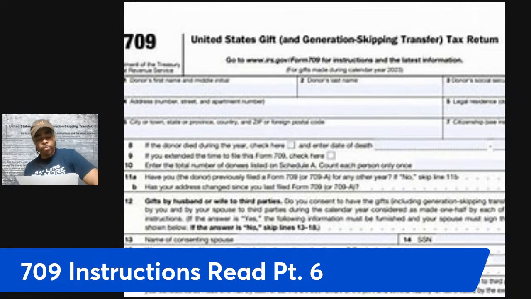So I'm going to round up. Record keeping is 52 minutes that they are saying is an estimated average time. I'm going to round that up to an hour. And then they say learning about the law or the form they have as an hour and 53 minutes. I'm just going to round that up to 2 hours. And then preparing the form is 2 hours and 20 minutes. We'll round that down to 2 hours.